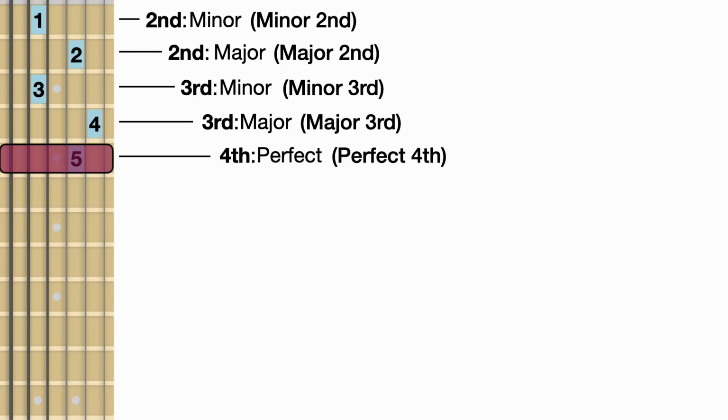And if you've watched the video on the circle of fifths and the circle of fourths, when we go down to the left side, the left side of the circle being the circle of fourths, again, this is why. So we're kind of putting this together. But for now, I know that it breaks the pattern from minor, major. Just 5 frets is a perfect 4th.